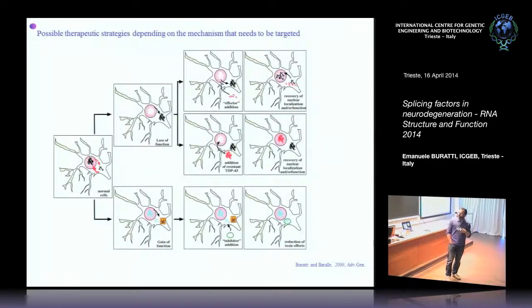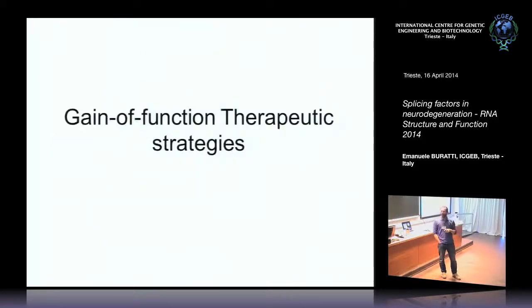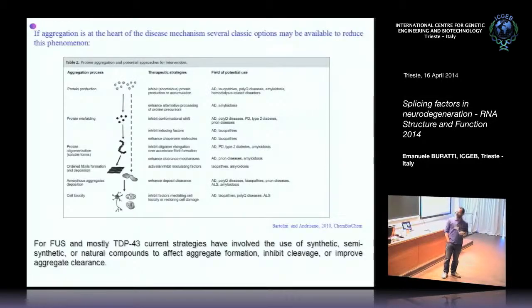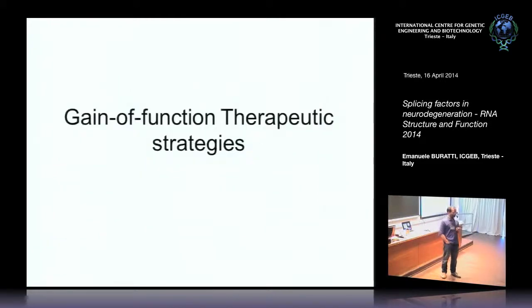So let me show you what has been done to tackle both possibilities. We have never done much for the gain of function therapeutic strategies, so I'll tell you the approaches that have been tried by other researchers in the field.